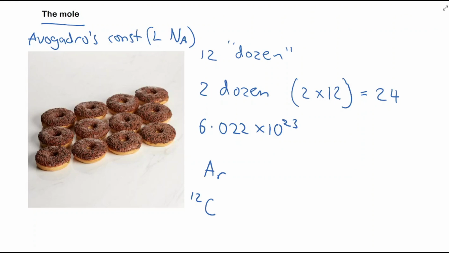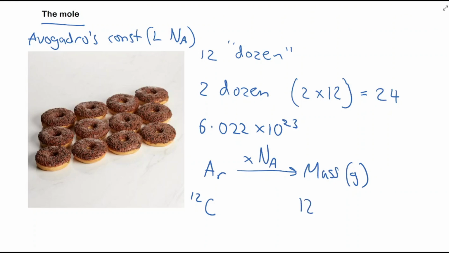What Avogadro's number lets us do is, it has this relative atomic mass in atomic mass units, and by timesing by Avogadro's number we turn that into a mass in grams.